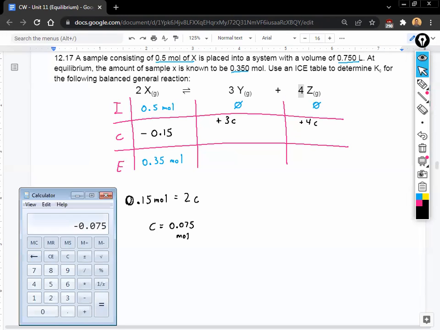So for Y, it's going to be 3. So 3 times 0.075. So that means we're going to have an increase of plus 0.225 moles. Okay, so Y is going to increase by 0.225. And then Z is going to increase by 0.3 moles.